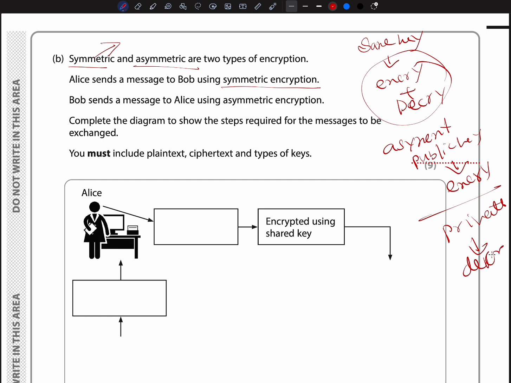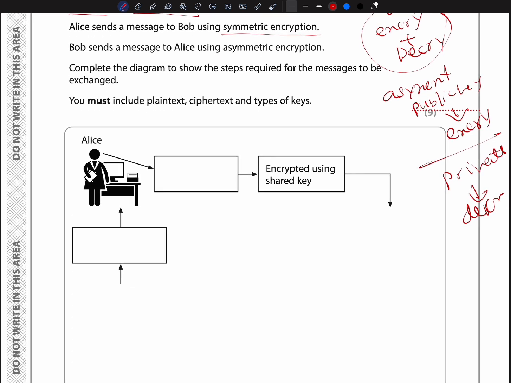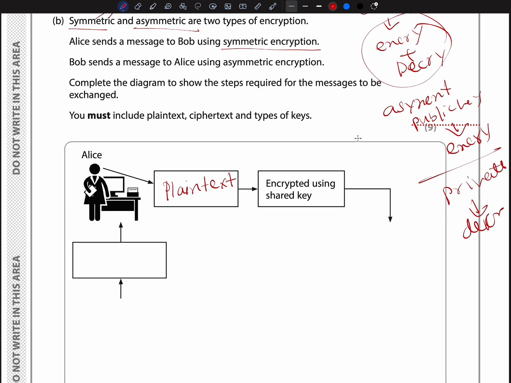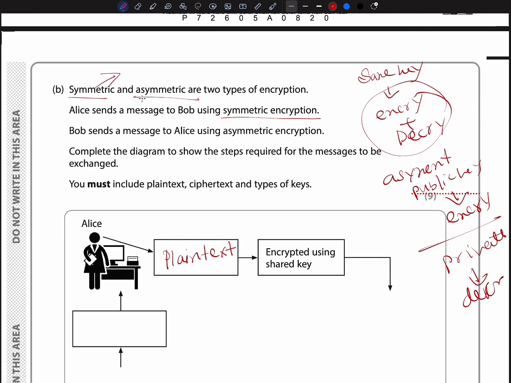Okay, remember these things. So when Alice is sending the data, obviously it is plain text, right? It must be plain text. So here it will be plain text. Then encrypted using shared key. That means when it comes to symmetric, the same key is used, right?